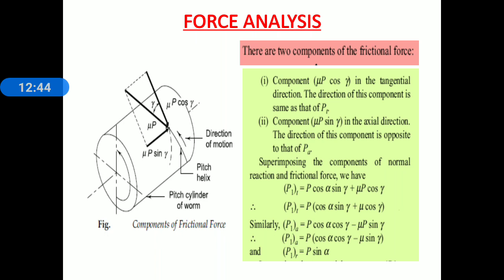Because this component is opposite to the direction of the axial component. Again we take P common, and finally we get the axial component acting on a worm, P1A, equal to P into bracket cos alpha cos gamma minus mu sin gamma, and the last component, radial P1R, is equal to P sin alpha.